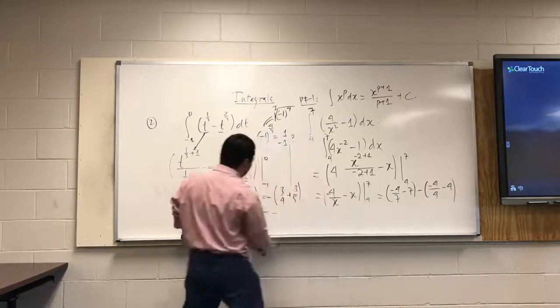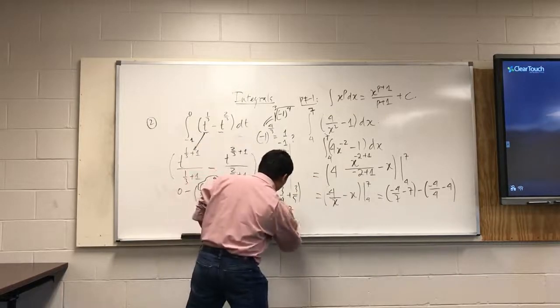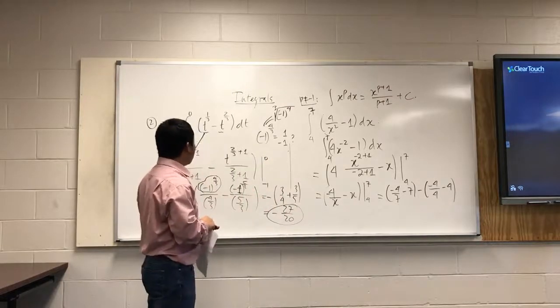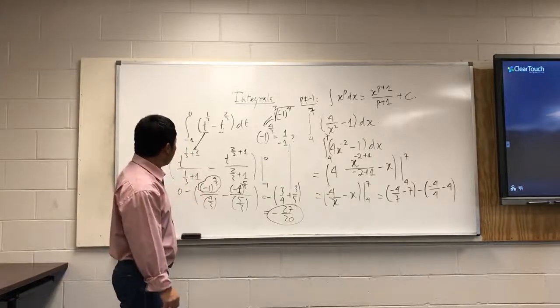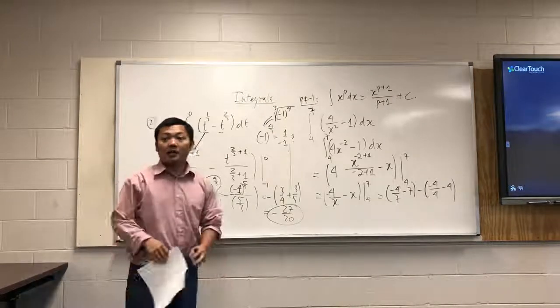And that is, with a common denominator, negative 15 and then 12, you have negative 27 over 20. Done. Okay, so that is the practice test.